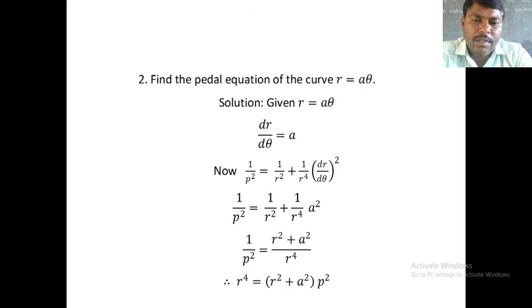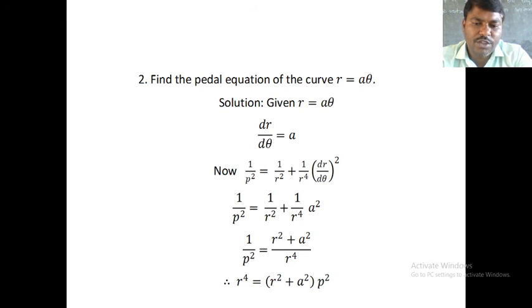Now the pedal equation is 1 by p square is equal to 1 by r square plus 1 by r raised to 4 into dr by d theta whole square. Here dr by d theta is a, so a square.